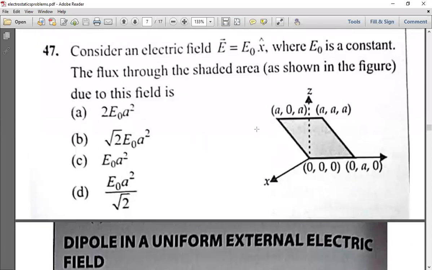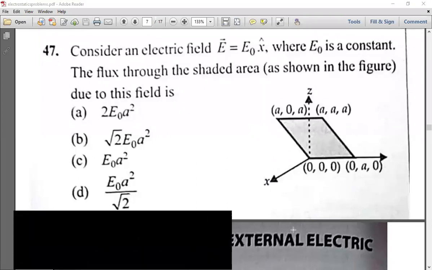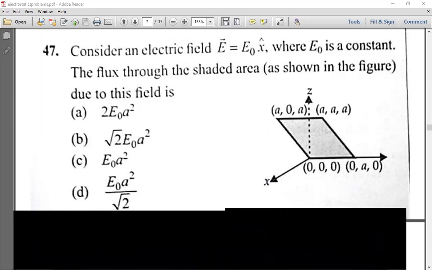Now see, in this question also, they have given an electric field and some area in the diagram. They want the flux through the shaded area only, this black one, whatever they have shaded, right?